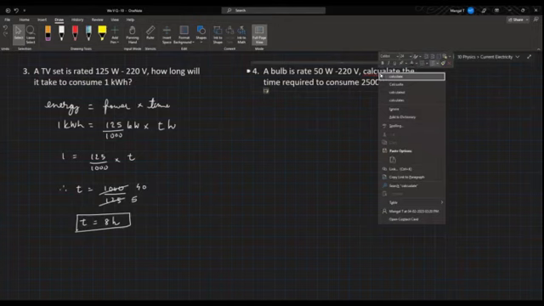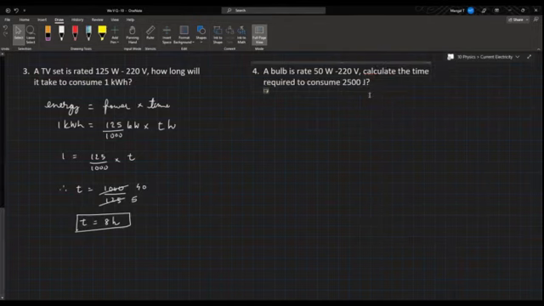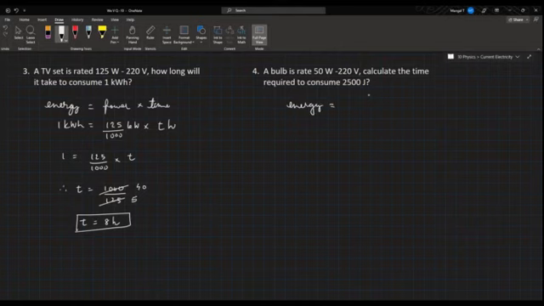Okay, how long will it take to consume 2500 joules? Again, you have energy is equal to power into time. So if you write power in watt and time in seconds, this will be in joule. Do you follow that?